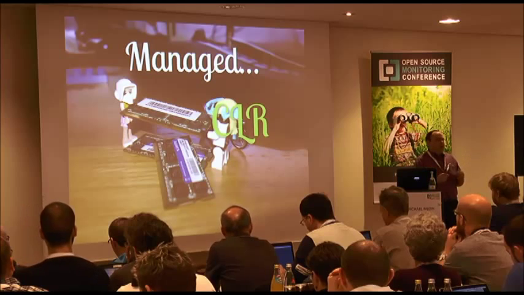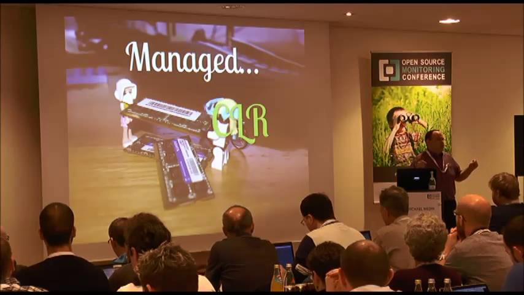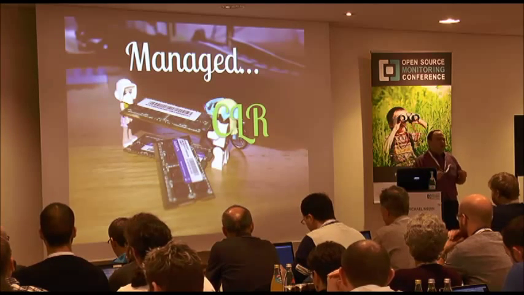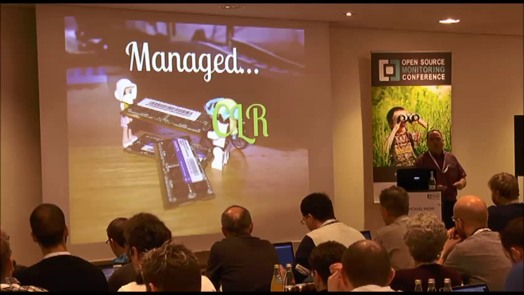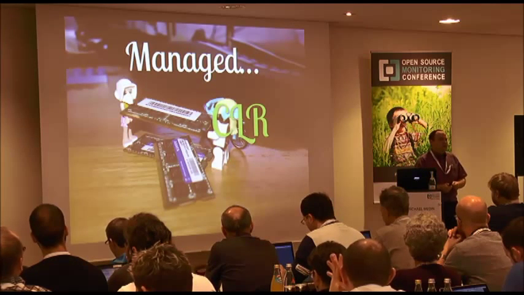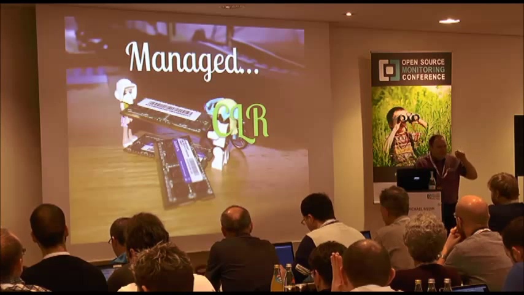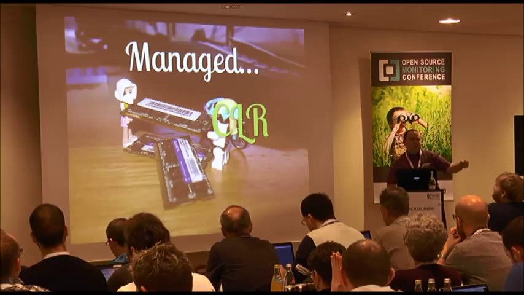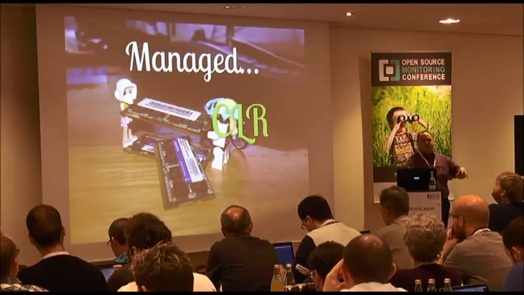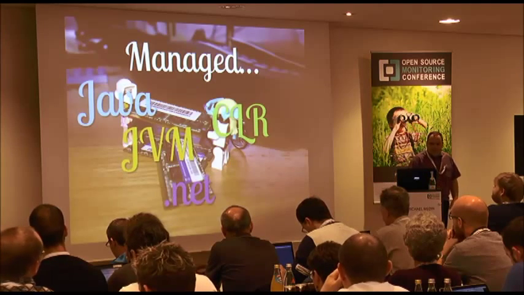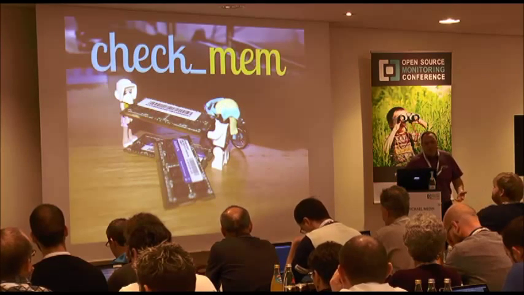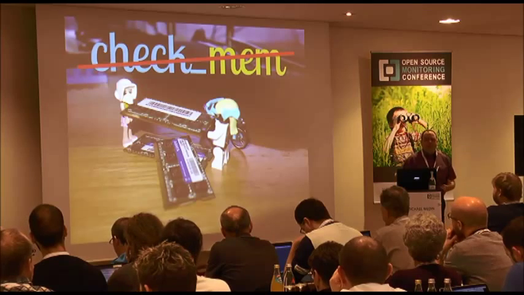And it means that a lot of the system metrics which we use have no impact whatsoever, because the memory is managed by the virtual machine. And all the metrics we need to be gathered from the machine we're running. Or sorry, not the Java virtual machine. So in essence, check memory is probably for most people completely pointless.